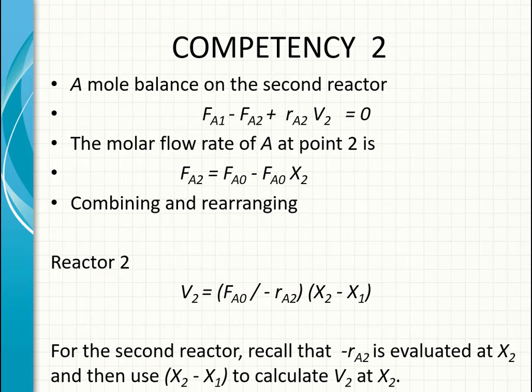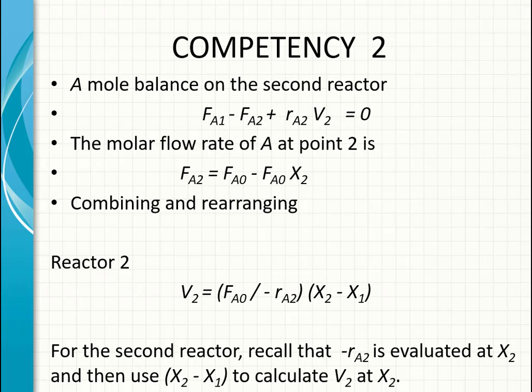A mole balance on the second reactor will be FA1, the one coming from the first reactor, minus FA2, the one going out of the second reactor, plus RA2 times the volume of the second reactor, V2, and that will be equal to 0. And the molar flow rate of A at point 2 is FA2 equal to FA0 minus FA0 times X2.